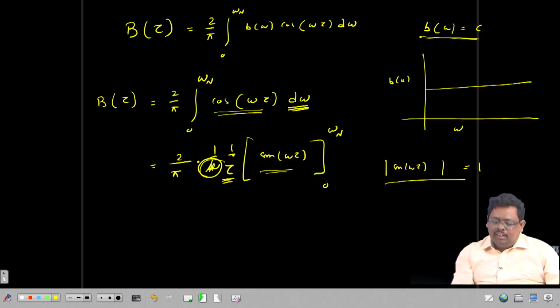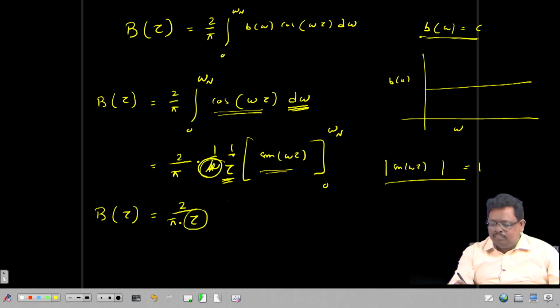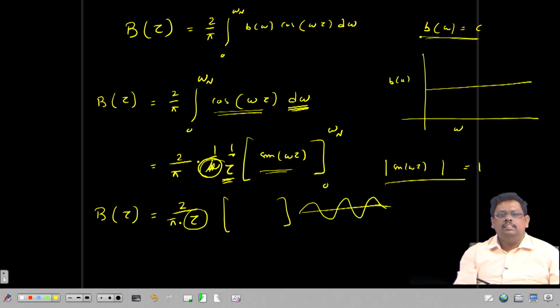Now, I have b tau equal to 2 by pi into tau, so I have a tau in the denominator with some function, and this function oscillates between minus 1 and plus 1 because it is a sine function, right.